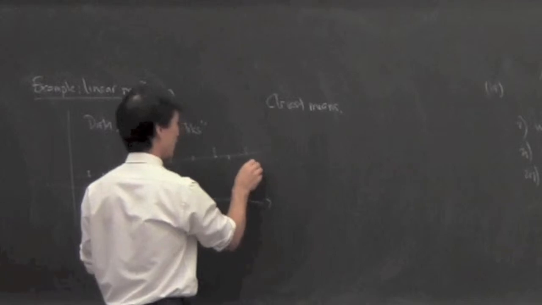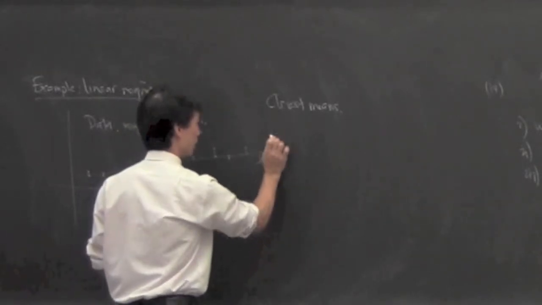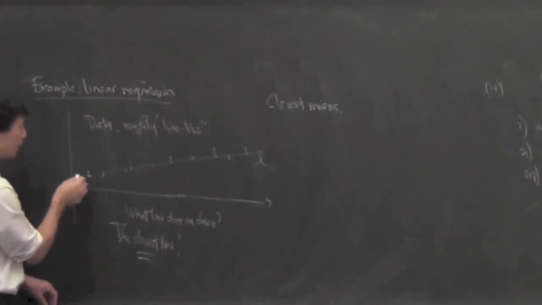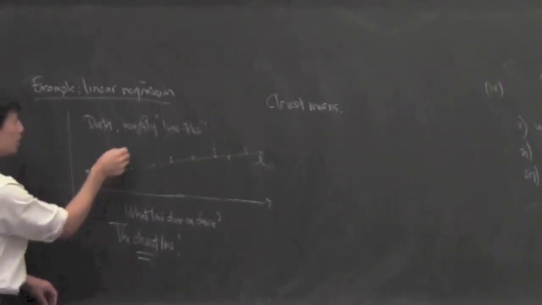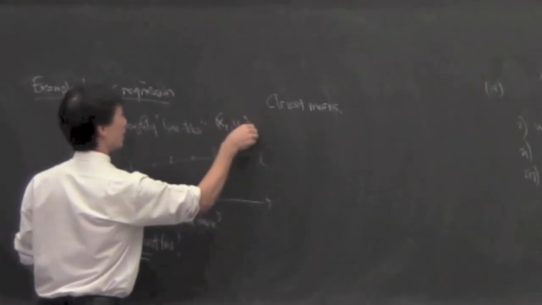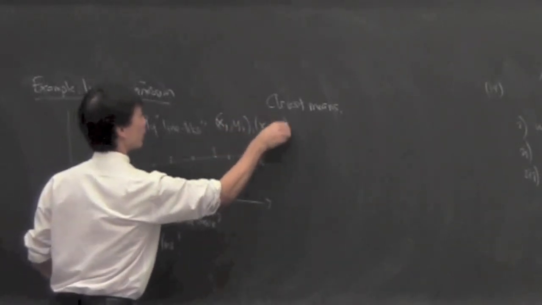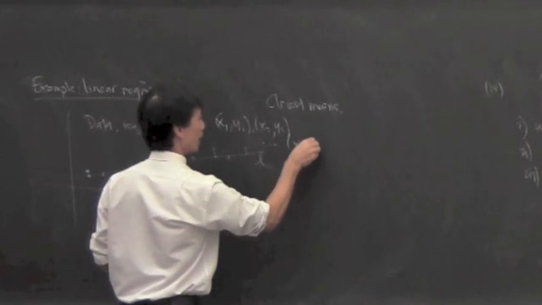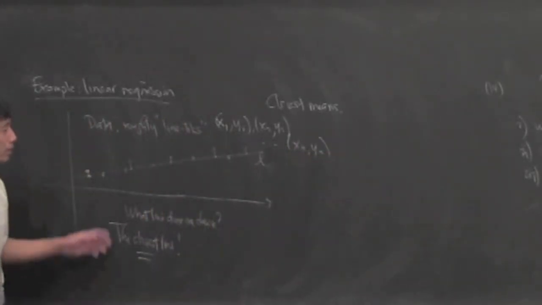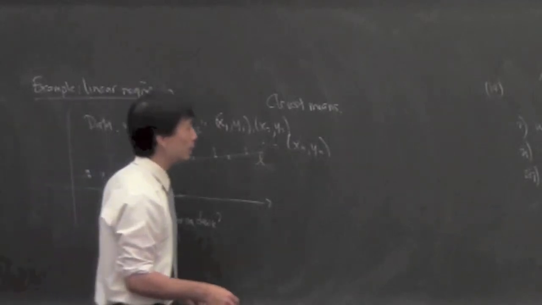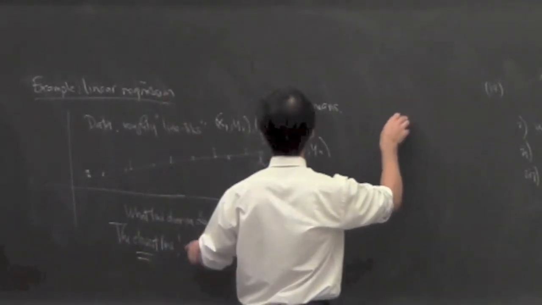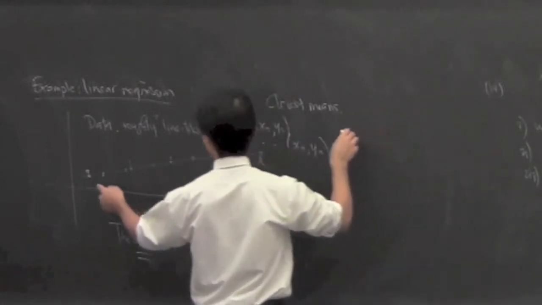Maybe that is what closest means. Let me call this line L, and let's call the data points x1, y1, x2, y2, up to xn, yn, so I've got n points.